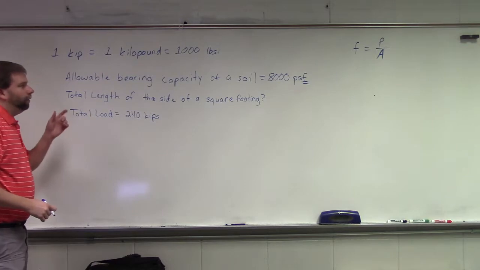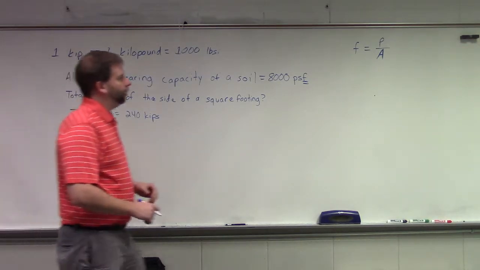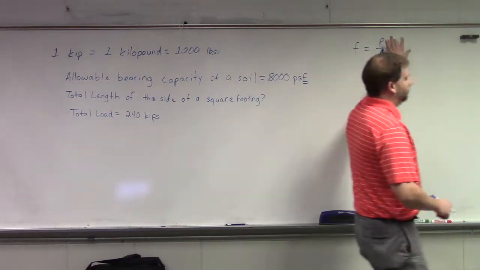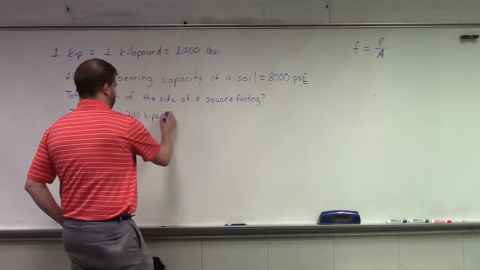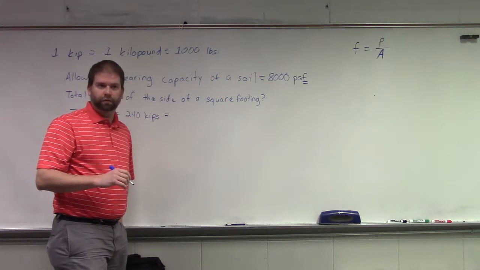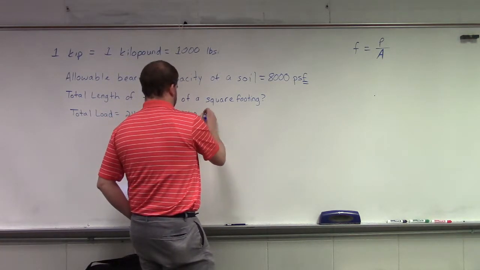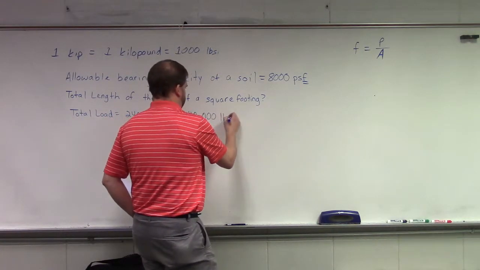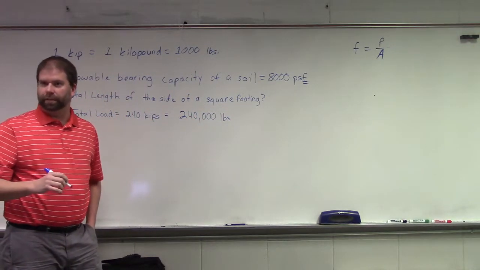So, what do we know about the load? 240 kips. Do we want to continue working in kips or convert it? Convert it to pounds. 240,000 pounds, right? Everyone's in agreement?